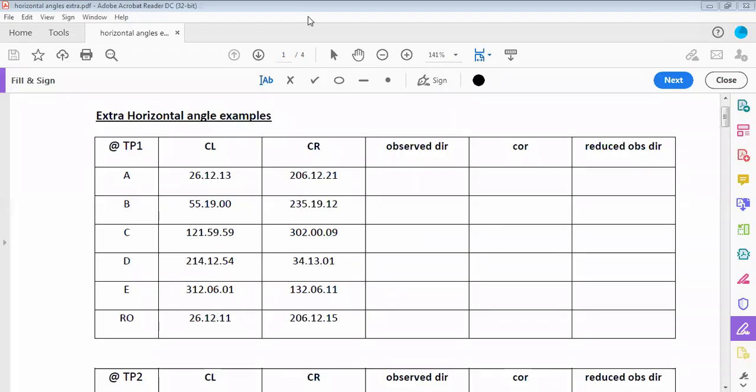So today we will be doing the horizontal angles. As per normal, you can just put on your mic and then you can just speak. So we're working with circle left and circle right.